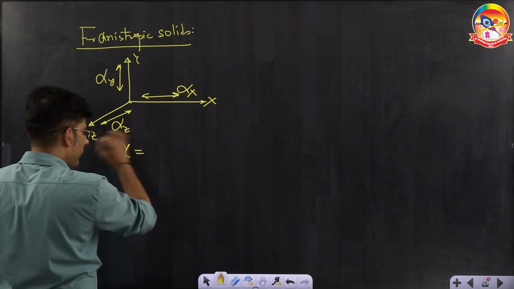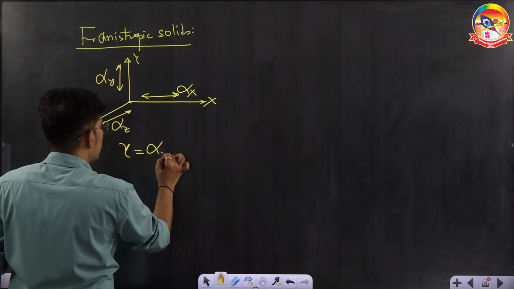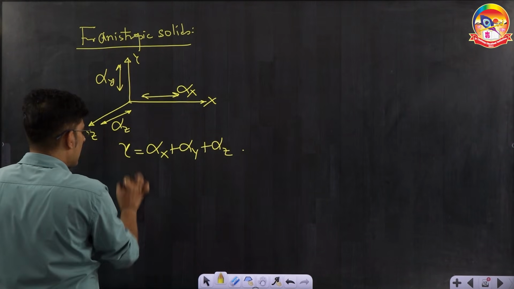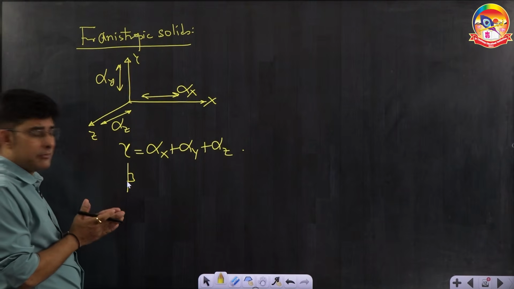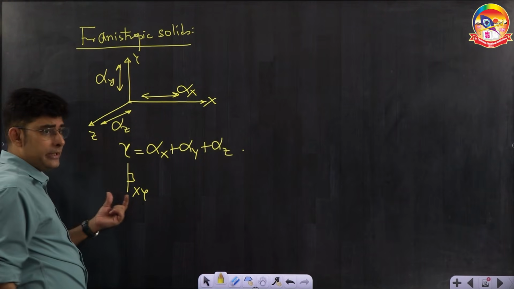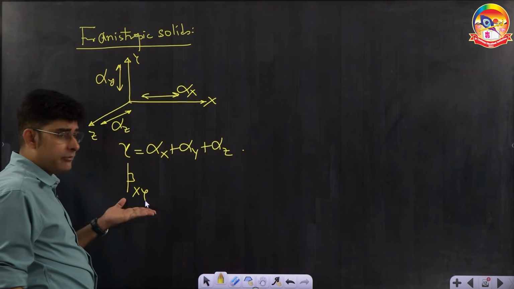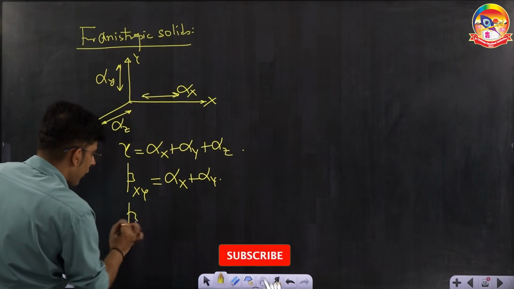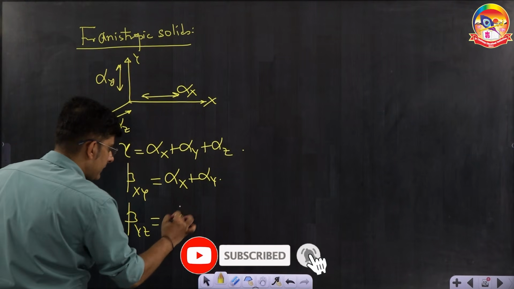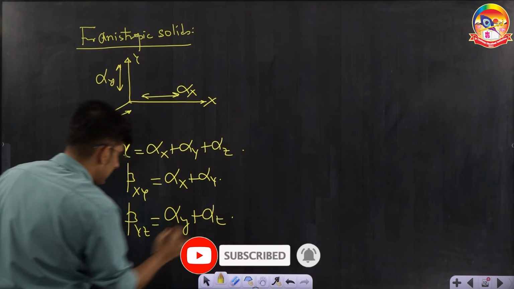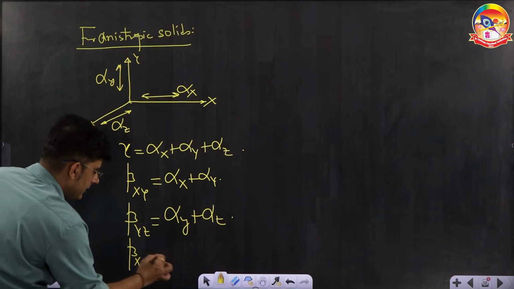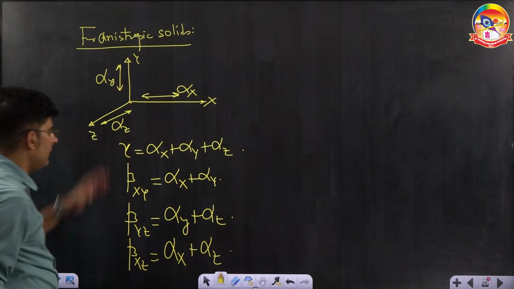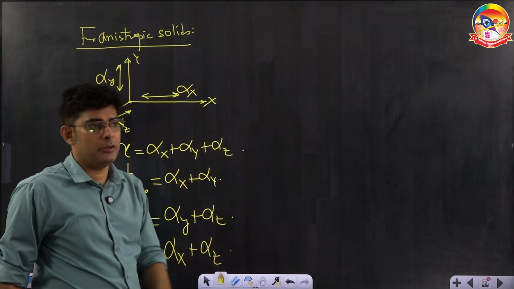Then gamma of a voluminous object you will use as alpha x plus alpha y plus alpha z. Beta, for expansion in the xy plane, for areas or surfaces kept in the xy plane, you will take beta as alpha x plus alpha y. For expansions in the yz plane, you will take alpha y plus alpha z. For expansions in the xz plane, you will take alpha x plus alpha z. So these are to be used for anisotropic solids.